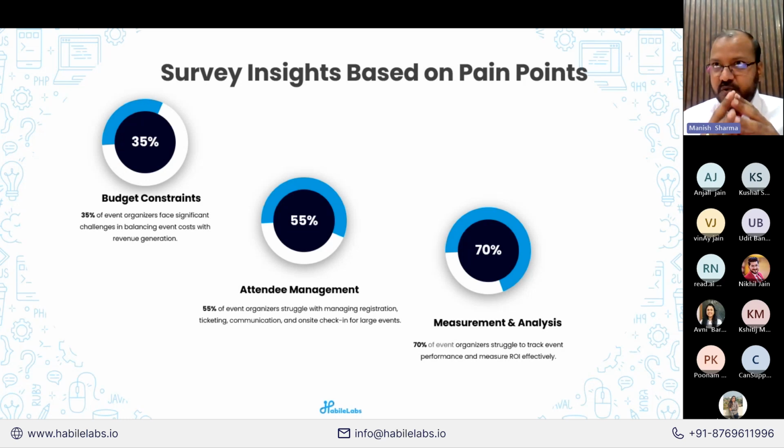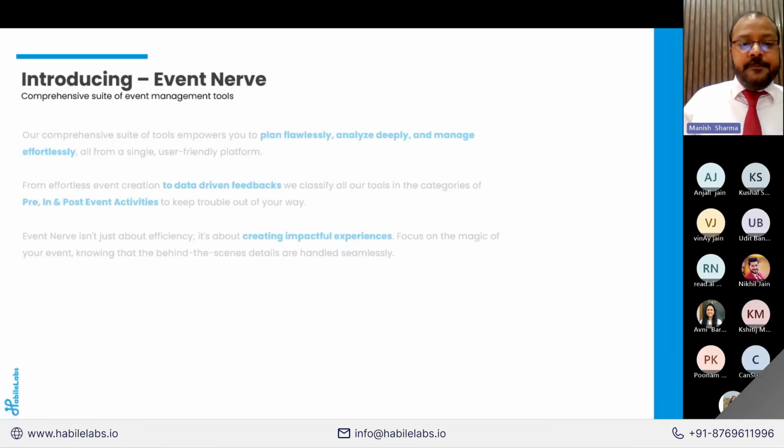Like the first one is data driven decision making, because a couple of years ago, say 4 or 5 years, or especially before the pandemic, when event organizers were not using any technology or tool, they were just using pen and paper or Excel sheets to manage their attendees and records.